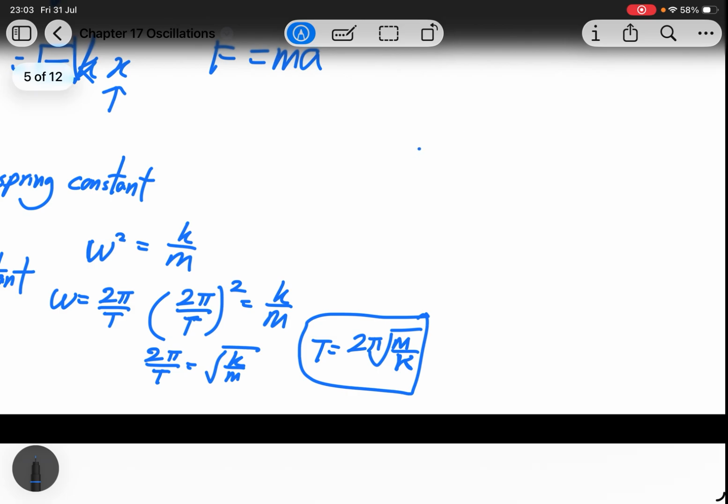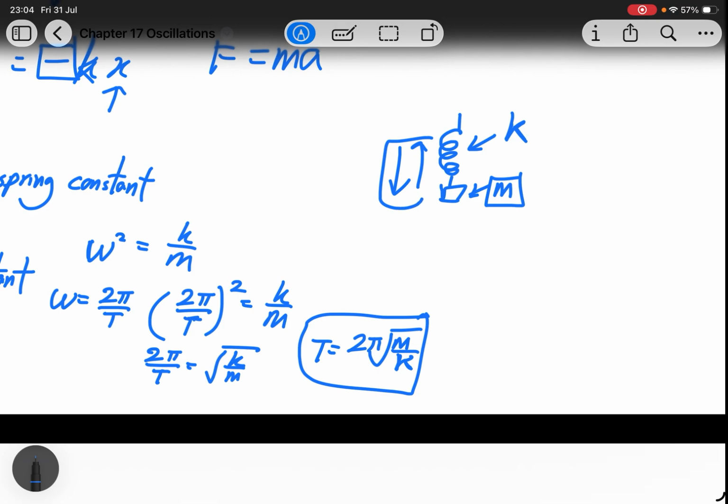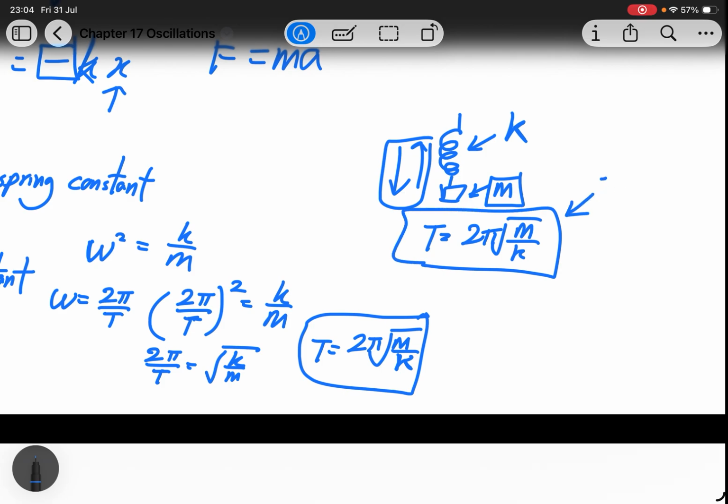So for a spring moving up and down with an object of mass m and spring constant k, the period of one complete oscillation is given by 2 pi square root of m over k.